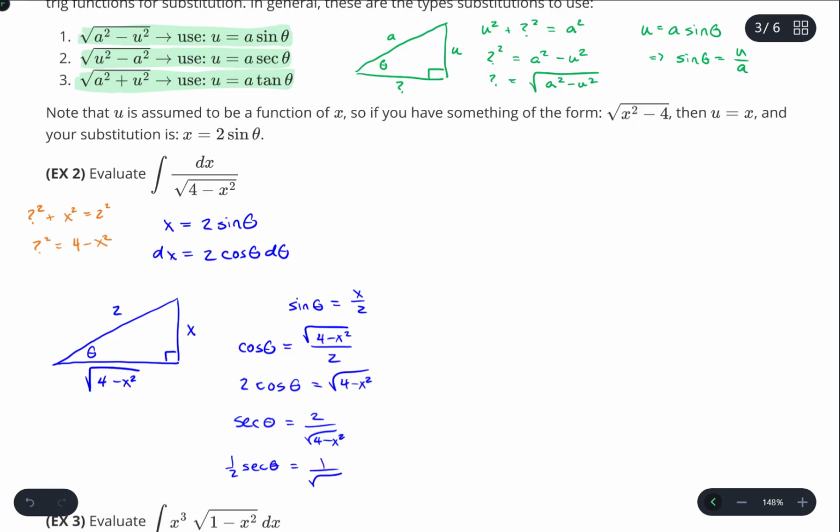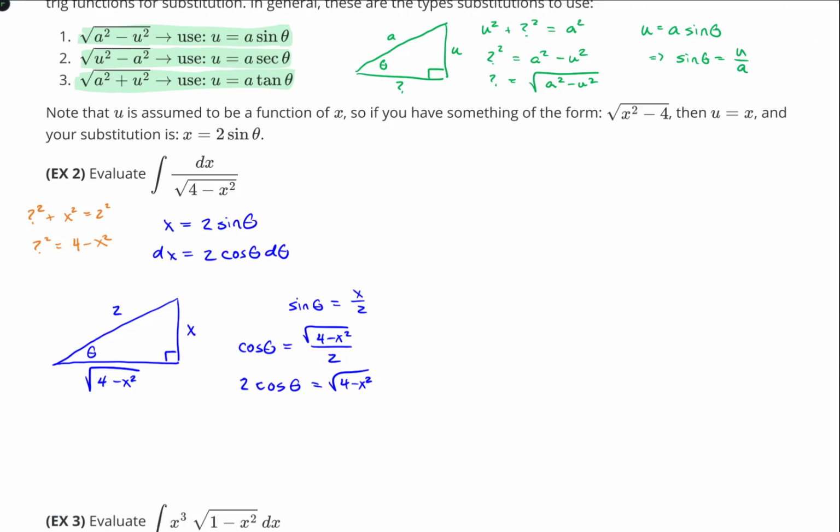And then I could substitute with this. So there's multiple ways of approaching the substitution part. But it's up to you how you choose to go about it. You will get to the same simplified form no matter which way you go. So keep that in mind.